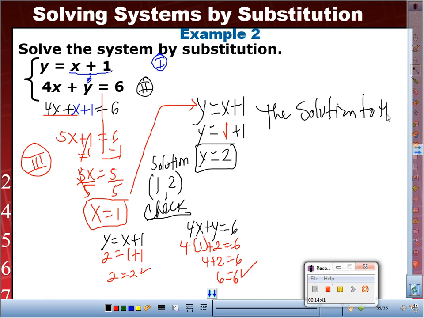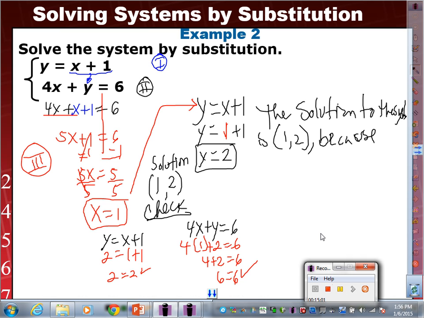The solution to the system is (1, 2) because... Finish up your statement. We talked about it. You should know by now. Okay, share with your neighbor.